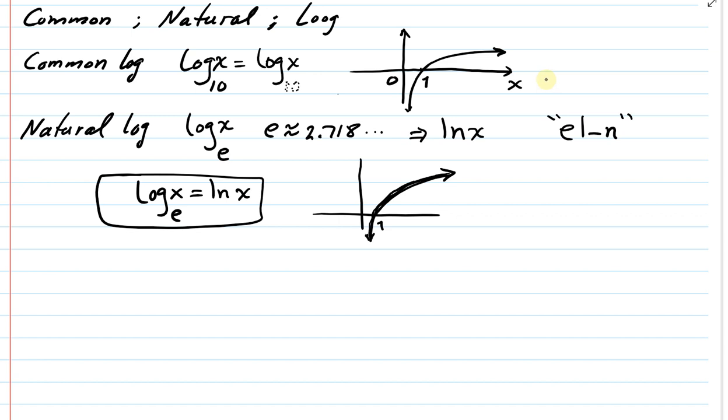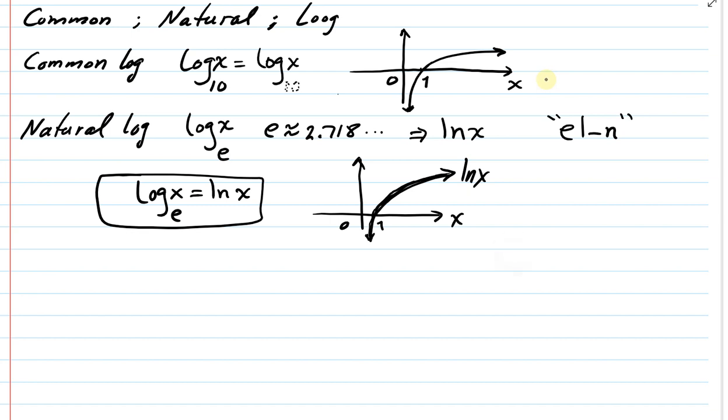Just the degree of how high it rises, how steep the curve is, depends on the base. As the base grows, then it's not as steep. So this would be the graph of ln of x, if you're interested in the graph. Now in calculus and higher courses, we tend to, by the way, work with natural logs more often than common logs. It makes our calculus work out nicer.